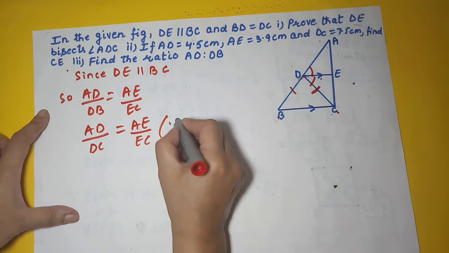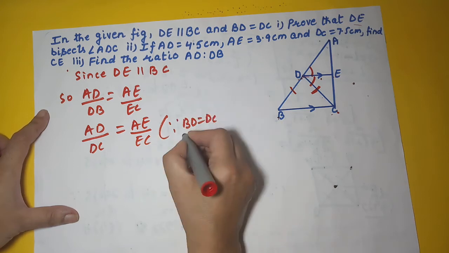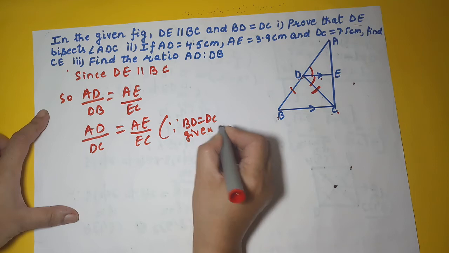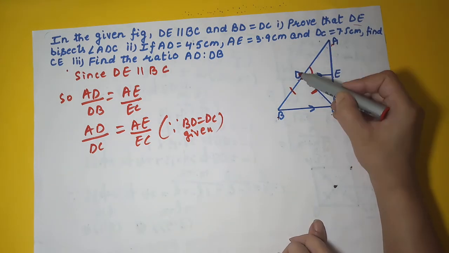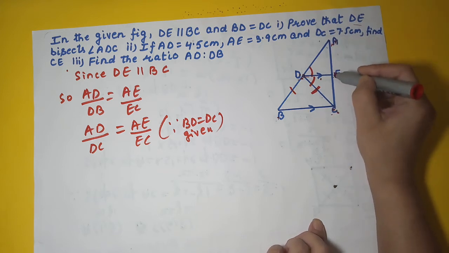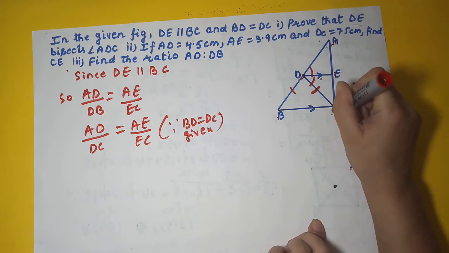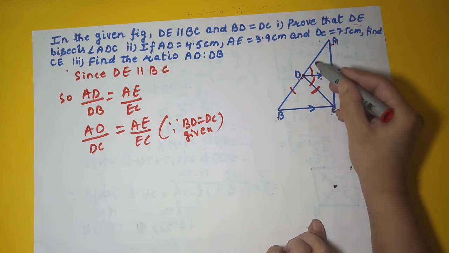Reason, because BD is equal to DC and that is given. Now, look at this. When AD upon DC is equal to AE upon EC, we have done this theorem, then DE bisects angle D.